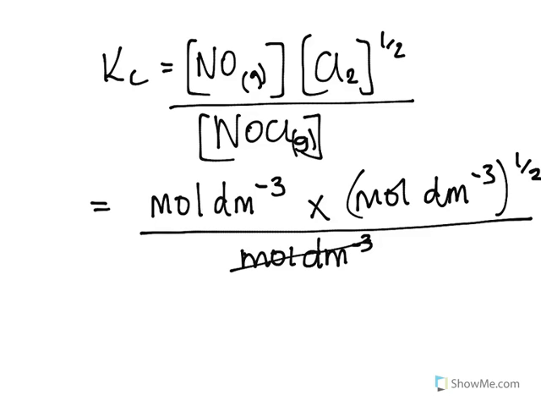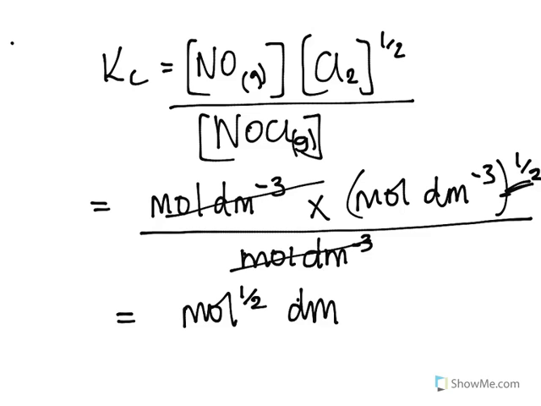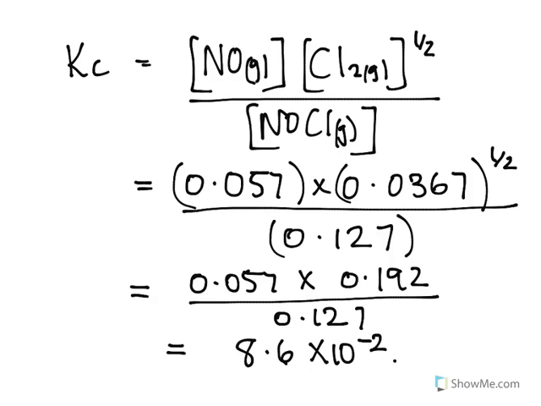So cross multiplying, these cancel out straight away, which gives us moles to the power of half. We multiply indices here, dm to the power of minus 3 over 2, so minus 3 times a half. So our final answer is moles to the half dm to the minus 3 over 2.